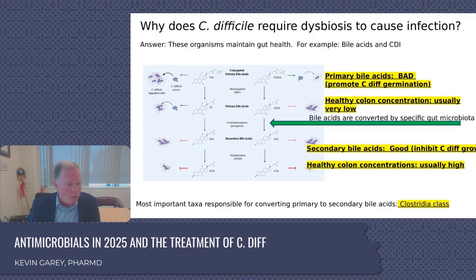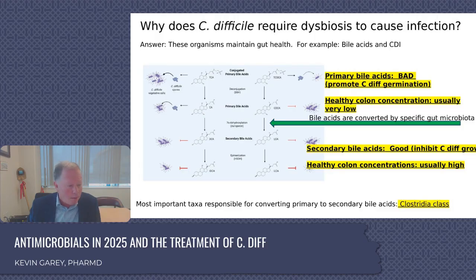And this is what Paul alluded to, and this is an emerging story of bile acids. So bile acids produced in the liver are secreted in small amounts in the colon as primary bile acids, where they are metabolized by certain components of our microbiome into secondary bile acids. And the poster child of that is C. scindens, which Paul mentioned, but it's a class of organisms called Clostridia that can generally do this.